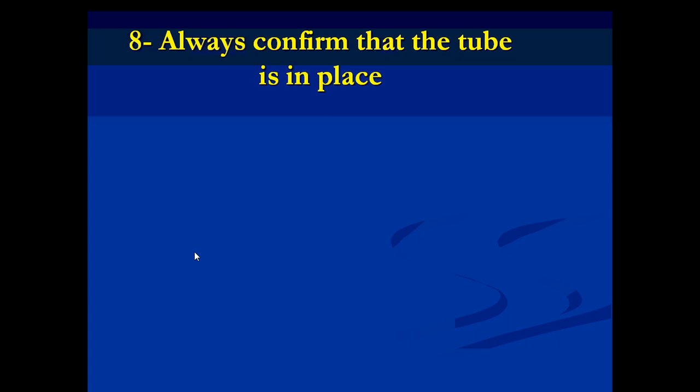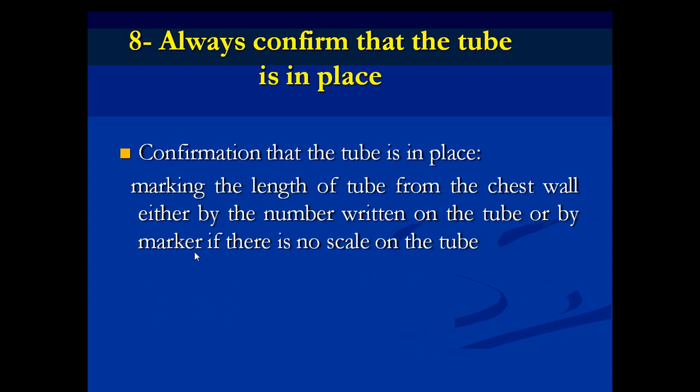Always confirm that the tube is in place. How can we confirm that? By marking the length of the tube from the chest wall, either by the number written on the tube or by a marker if there is no scale on the chest tube.